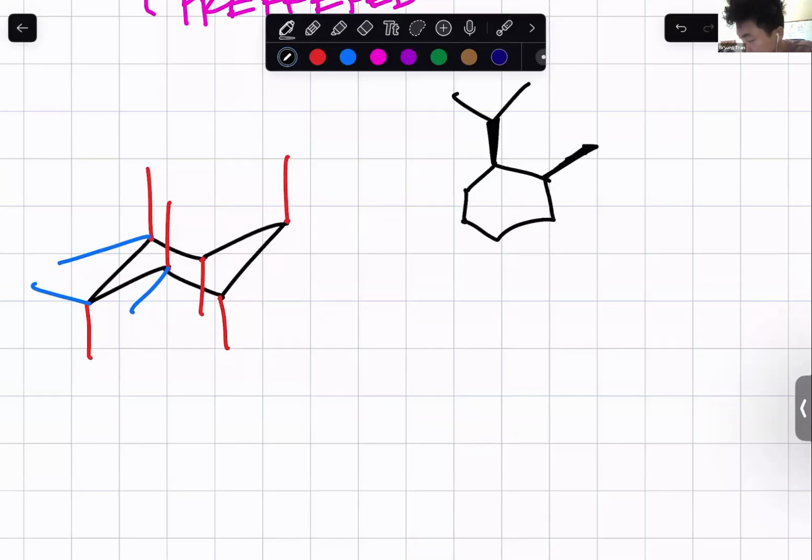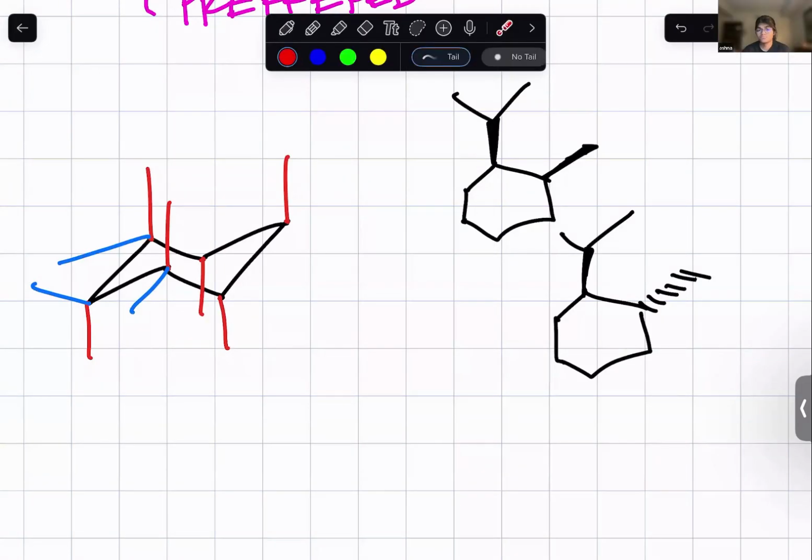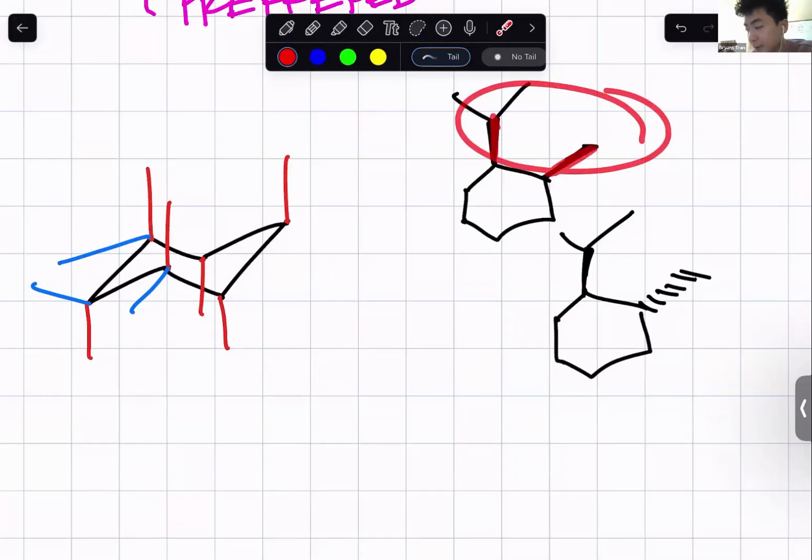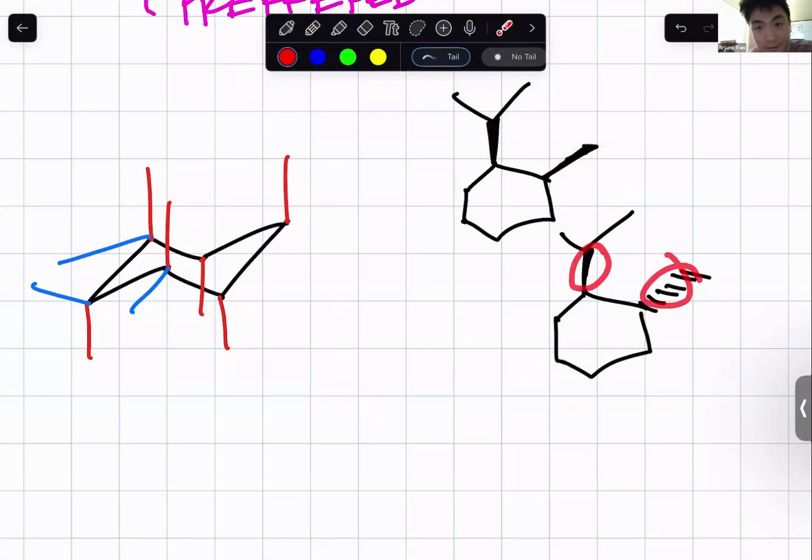So that's cis right there. And trans would be one wedge and one dash. Cis means the two groups face the same side, either both wedges in this case or both dashes like this. Trans would be one wedge, one dash, in opposite directions.